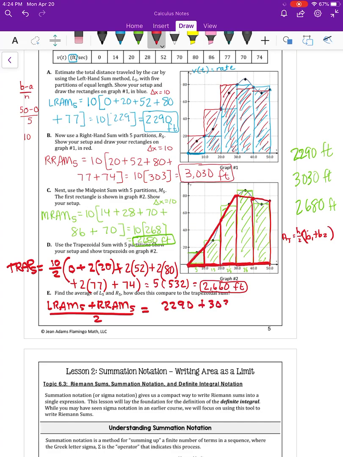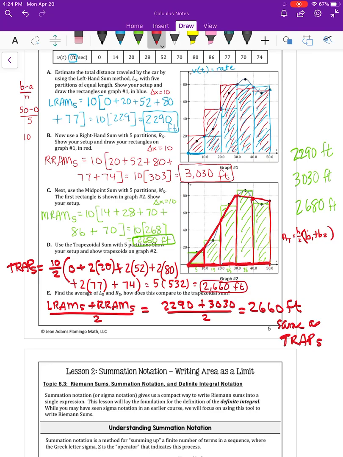So if we found LRAM 5 plus RRAM 5 and divided it by 2, 2290 plus 3030 and divided it by 2, we get the 2660 or 2660 feet.